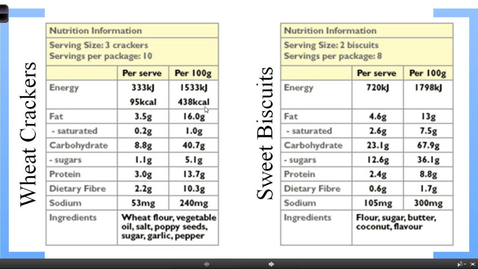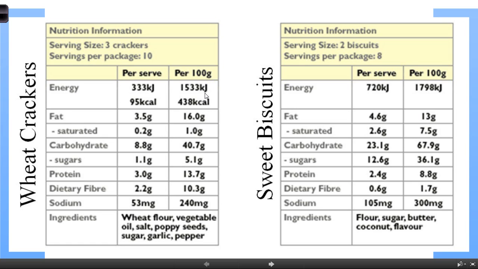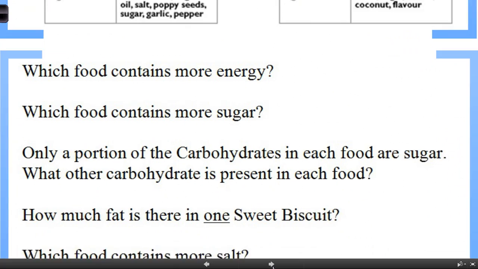Remember, like I said, that's just like when we measure distance, you can have feet or meters or miles and kilometers. Kilojoules and calories are just two different ways of measuring energy. But if we look at here, we've got 1533, 1798. Okay, this is obviously a bigger number, more energy in the sweet biscuit. Okay, what's our next question?